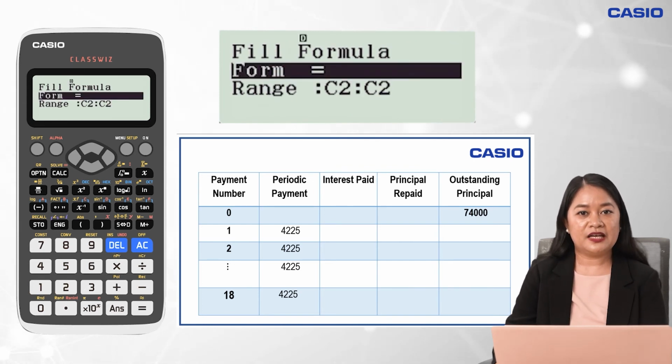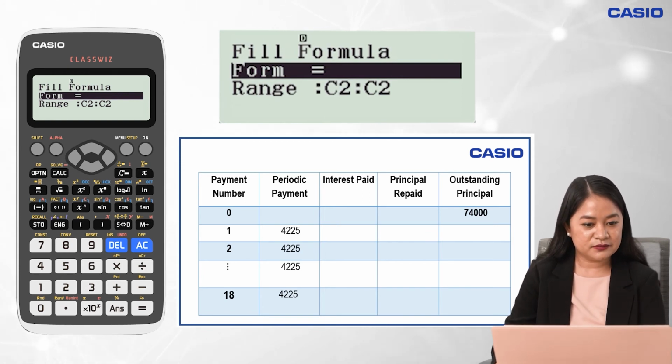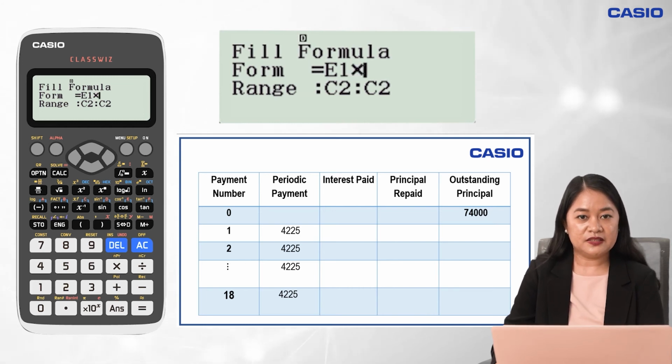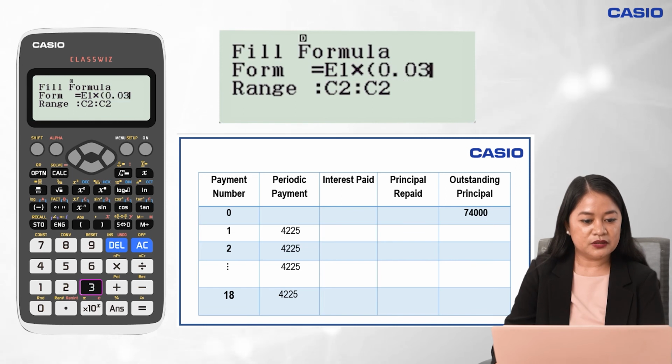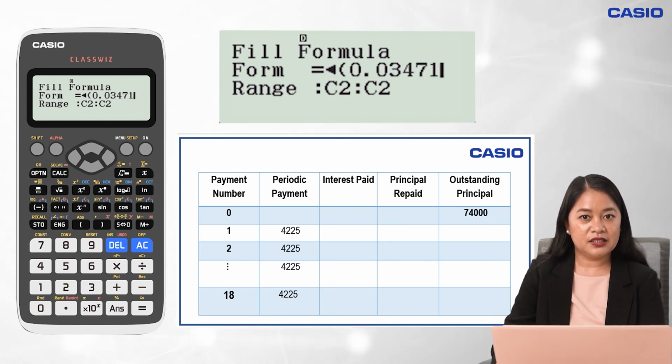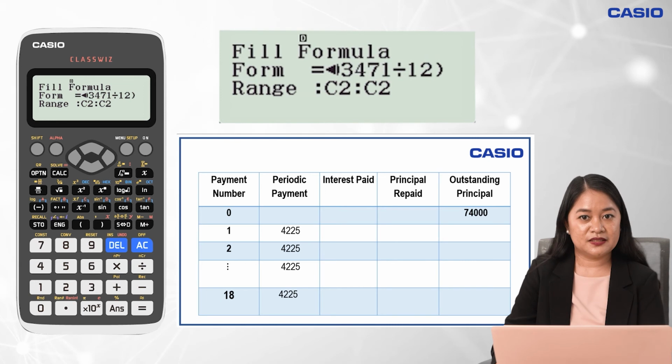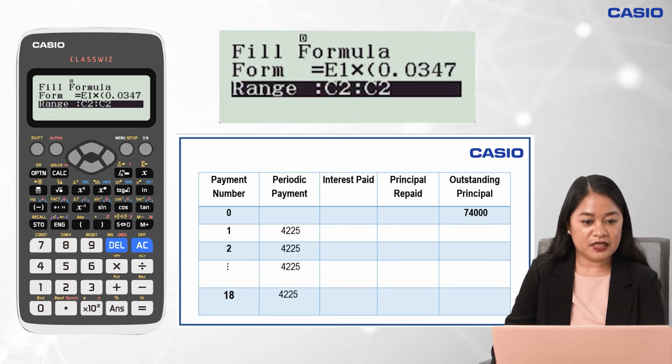Again, multiply the outstanding principal on cell E1. So we press alpha, cosine button, 1, then times, open parentheses, 0.03471 divided by 12. And then close parentheses. Then we press the equal sign.